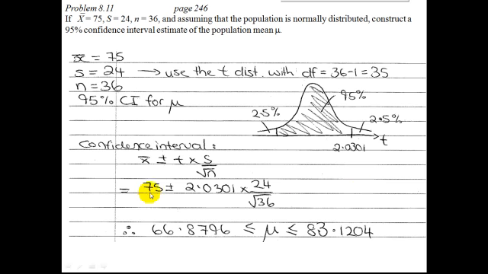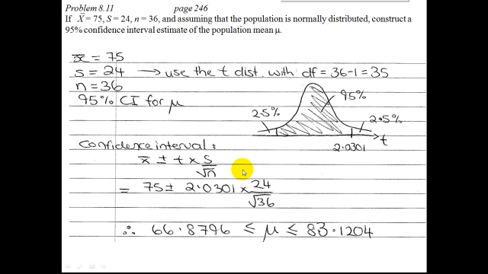So point estimate, sample mean, our starting point was 75. To that we're going to add and subtract the critical value of 2.0301 times standard error. Now standard error is s over the square root of n. Our sample standard deviation s is 24. Our n, the sample size, is 36.